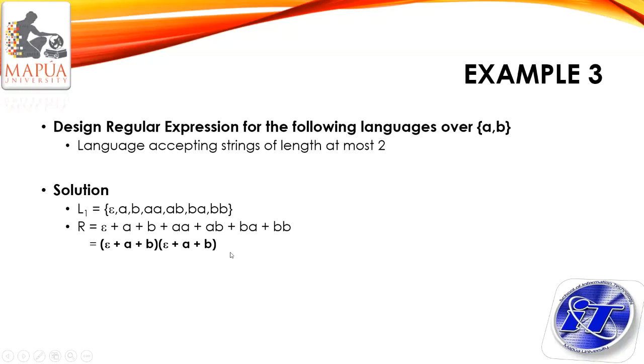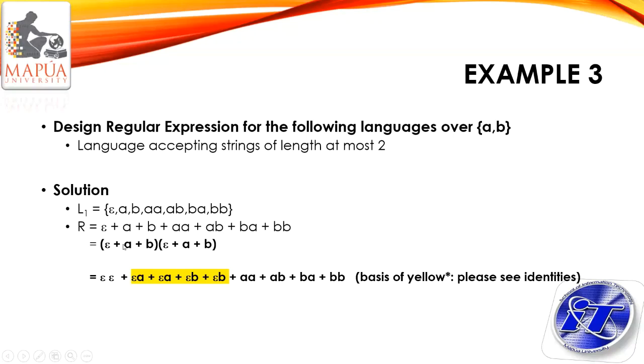But in case you want to derive it from this list of acceptable strings, we need to apply identities. Introduce epsilon and redundant terms so that we could derive this equation. So I'm going to introduce epsilon, A, B, and epsilon.